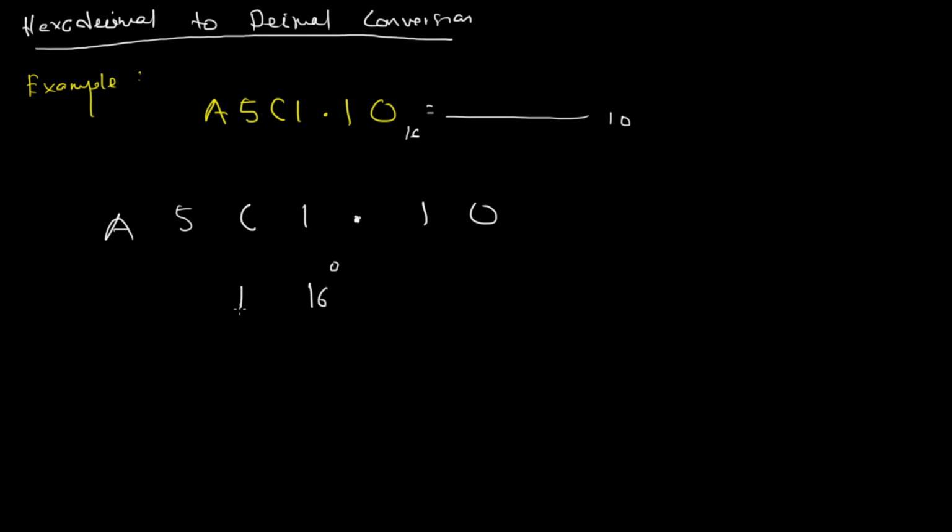So 16 to the 0, 16 to the 1, 16 to the 2, 16 to the 3. And beyond the hexadecimal point, it should be 16 to the power of negative 1, and 16 to the power of negative 2.